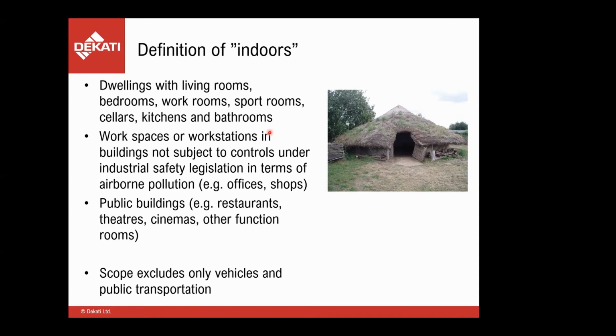It's not really clear cut, but basically any sort of living space, and also workspaces and public buildings. But these are only included if they don't have some other industrial safety legislation already in place.